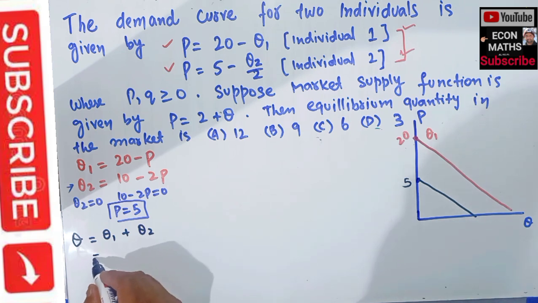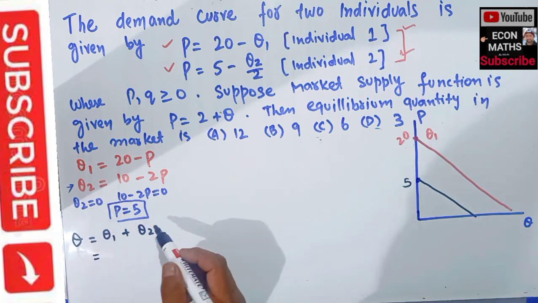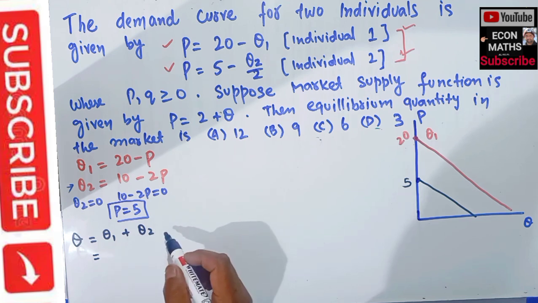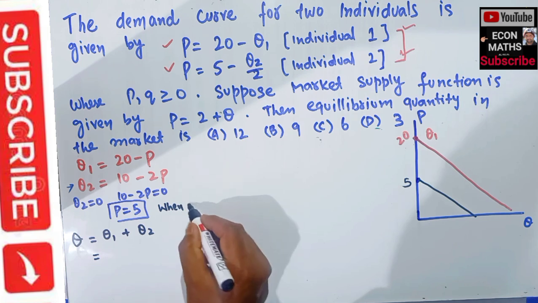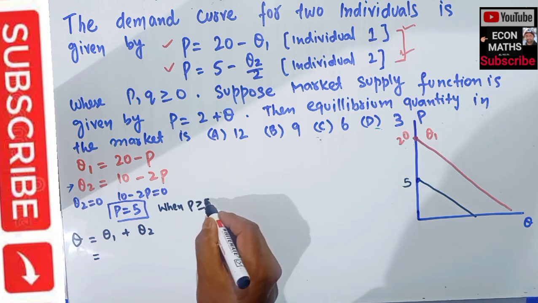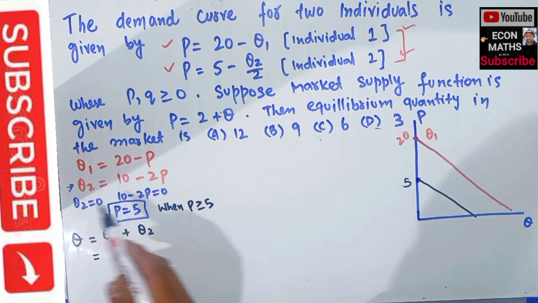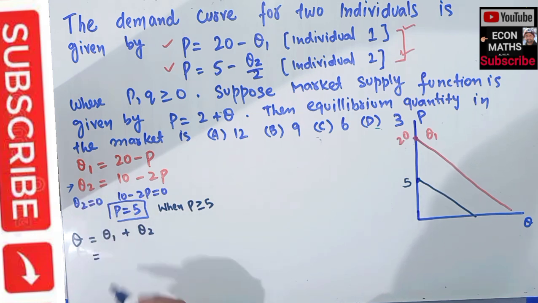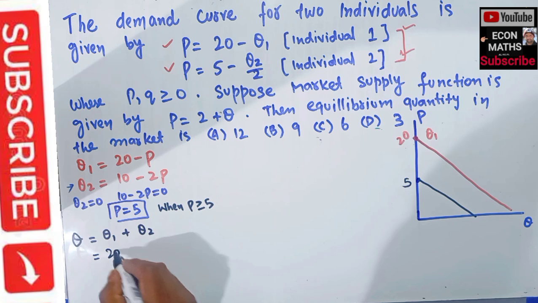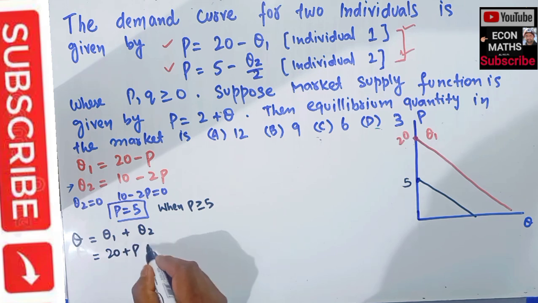Let me write it here. Here we can see when price is greater or equal to 5, quantity demanded by individual 2 will be equal to 0. That means q1 will be equal to 20 minus p plus q2 will be equal to 0.